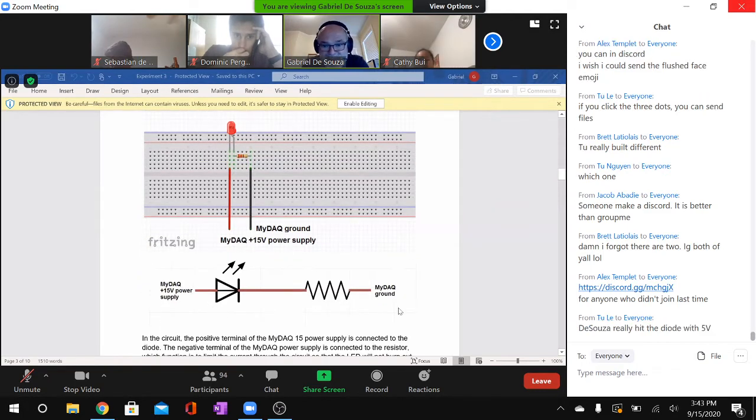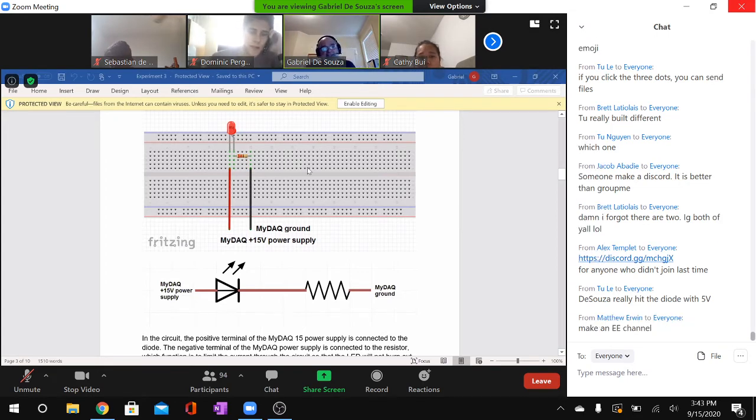Therefore, I have this circuit right here. My power supply positive coming in here, my diode right there, followed by my resistance right here that goes to ground. And you see that I use these characteristics of the proto board to be able to build this circuit.